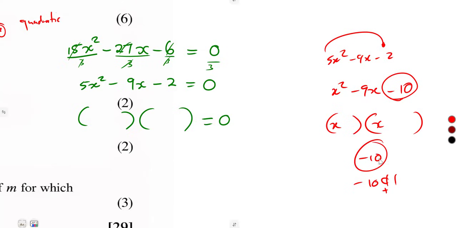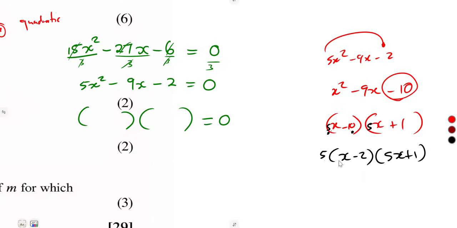So if we add, we're going to get negative 9. So that's negative 10, positive 1. Then we have to bring back the 5 in place of x. So we're going to put 5, we're going to put 5, and factorize where possible. So the first bracket, 5 is common. So 5 and 5, we're going to have x minus 10 and 5, that's negative 2, and this is 5x plus 1. All right, so this is it.